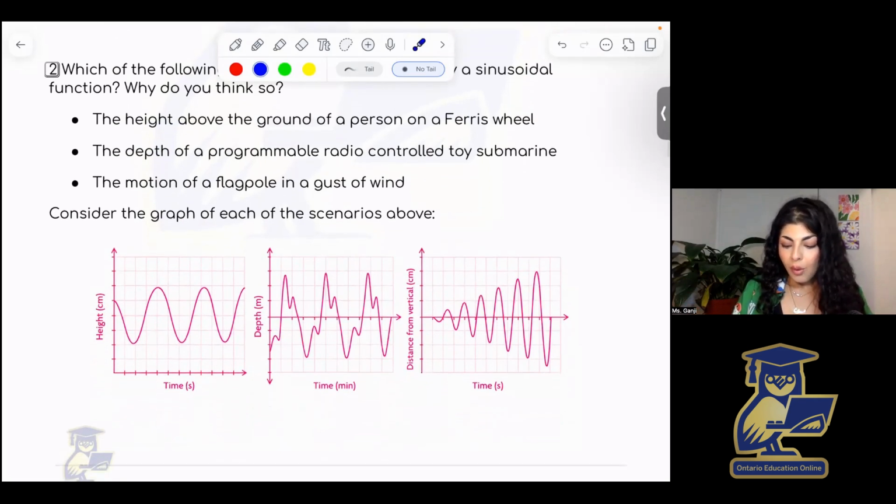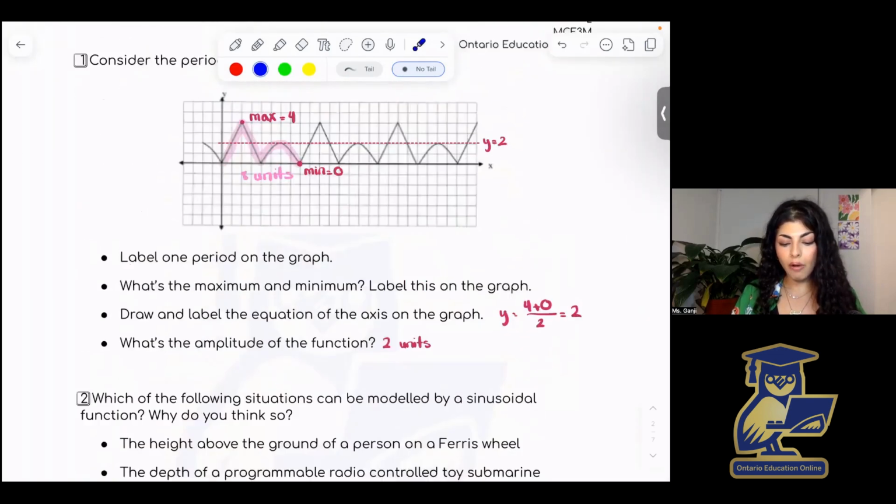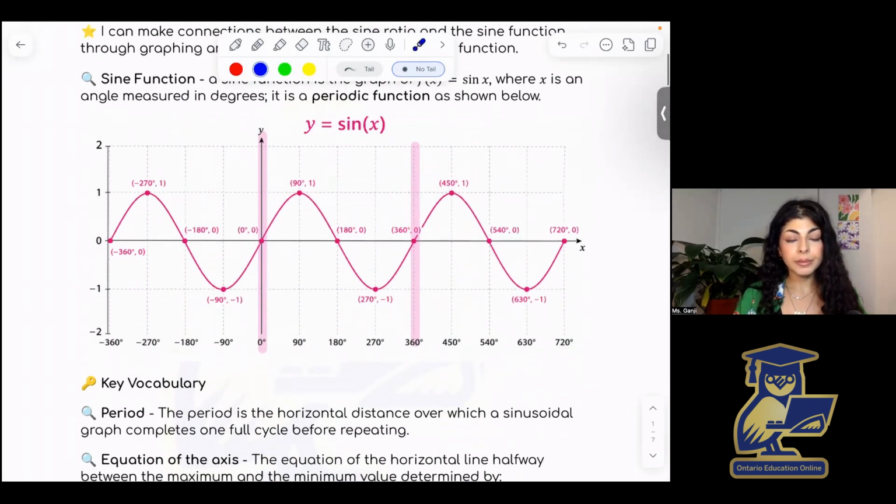So already I can see this one is not a sinusoidal function because it's not even a periodic function because the shape is changing. In this one, yes, it is a periodic function in the sense that there's a cycle that keeps repeating, but it's not that shape that we saw from the sine function here.